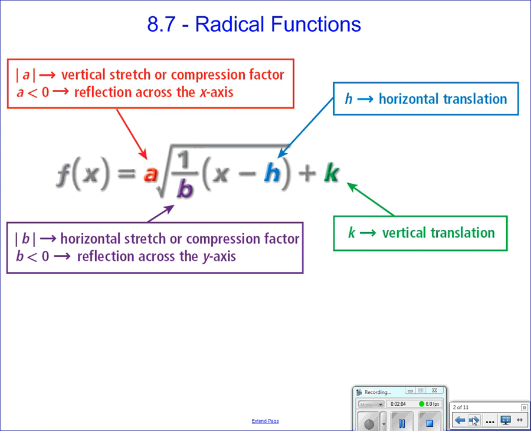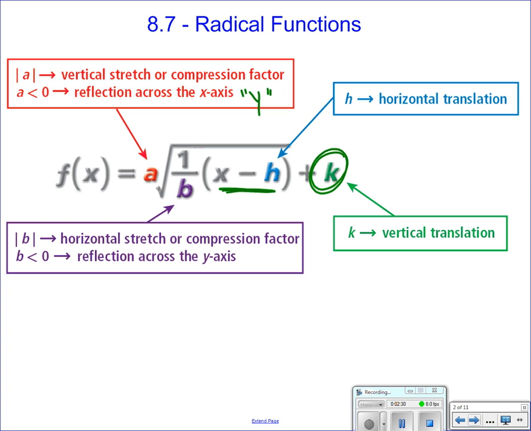Okay, our radical functions, all the shifting of this, and it's nothing less than what we've been doing. If it's under the radical, and you're shifting left or right, it's h. Your vertical translation, that's up and down, and that's going to be the number that's being added outside. Vertical stretch or compression, remember, this means y's are being stretched.